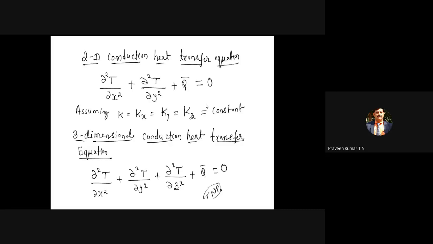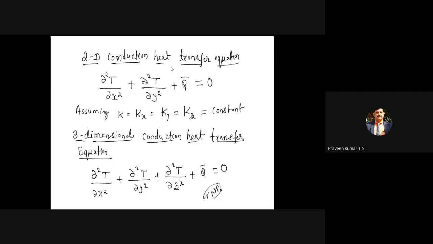But when you come to heat transfer analysis, we have differential equations. Each and everything you express in terms of the governing differential equation, which is a second order differential equation. In most cases, you assume the material is isotropic, so the thermal conductivities are constant along the x, y, and z directions.